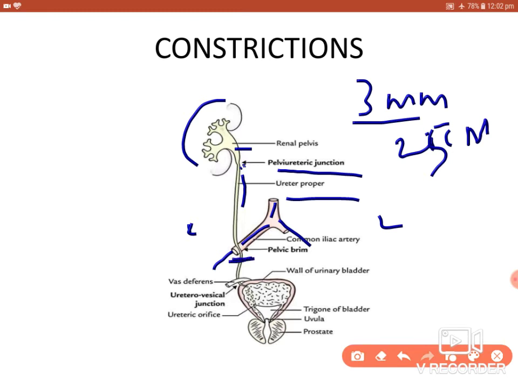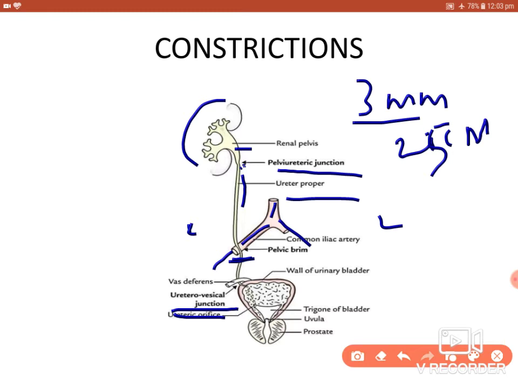Then where it pierces the bladder wall, that junction is called the uretrovesical junction, and there it also shows constriction. These are the constrictions of this ureter: at the pelvic ureteric junction, where it crosses the pelvic brim, and at the level of the uretrovesical junction.